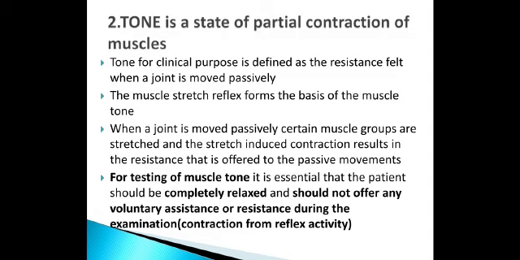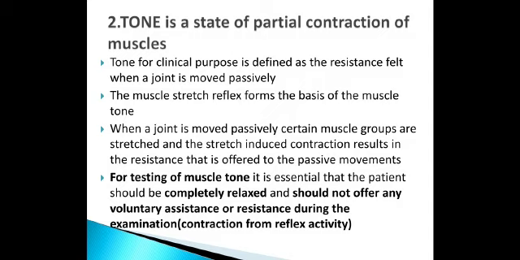You all know that the stretch reflex forms the basis of muscle tone. So when a joint is moved passively, certain muscle groups are stretched, and the stretch induced contraction results in the resistance that is offered to the passive movements.